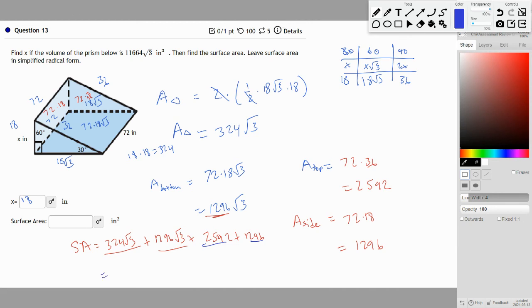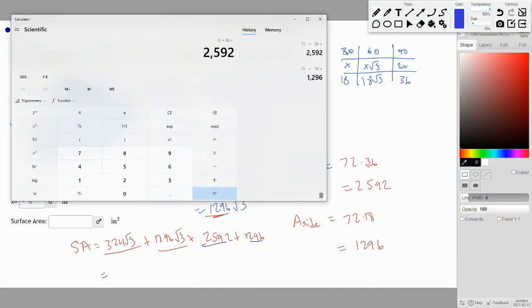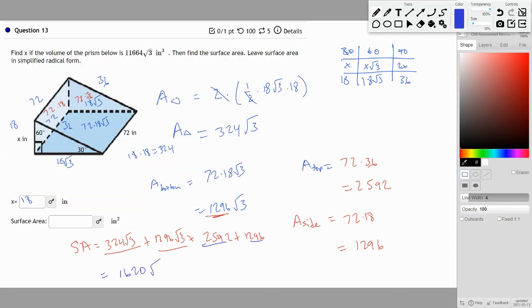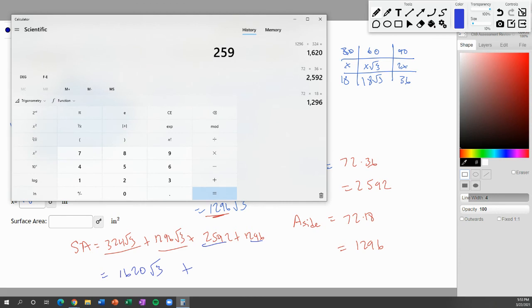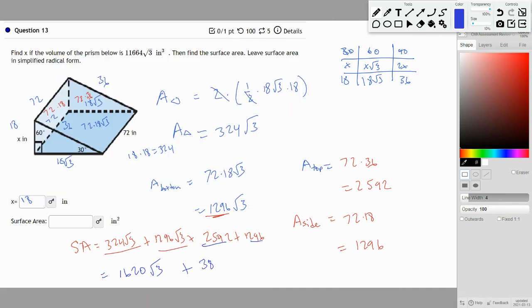So when we go ahead and calculate this, we have 1,296 plus 324, which is 1,620, and then don't forget the root 3, plus 2,592 plus 1,296, which is 3,888.